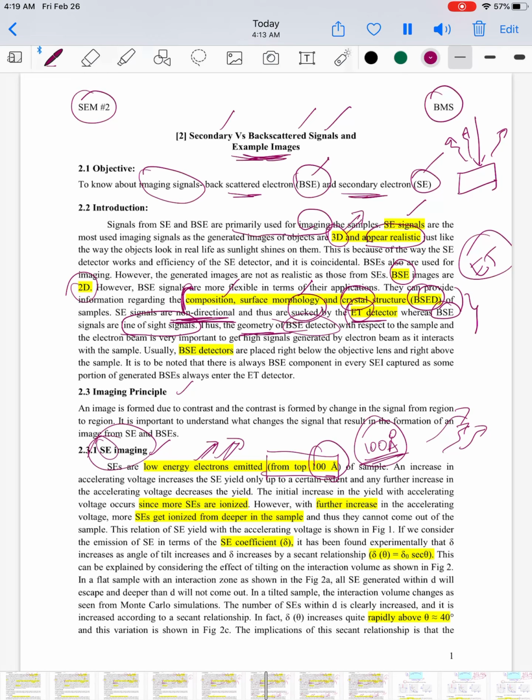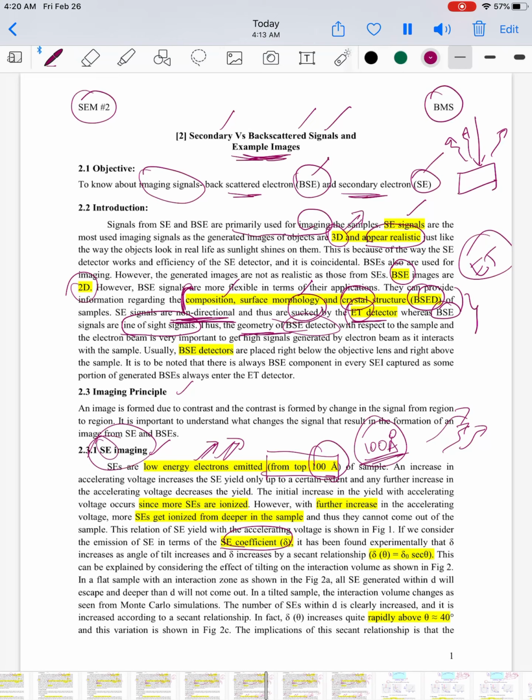So we have something called the coefficient for secondary electron generation. This is nothing but how many secondary electrons are generated from the sample. The higher the number of electrons generated, the higher the coefficient.